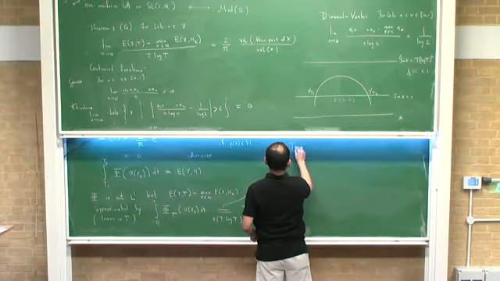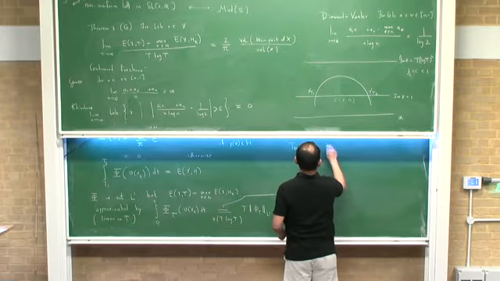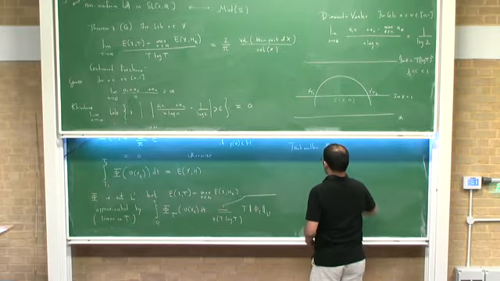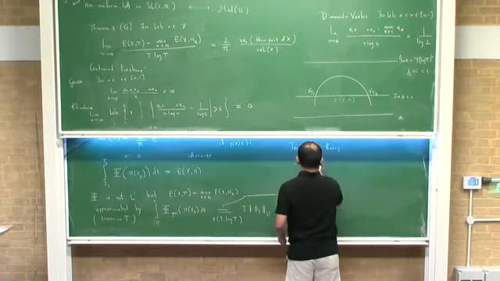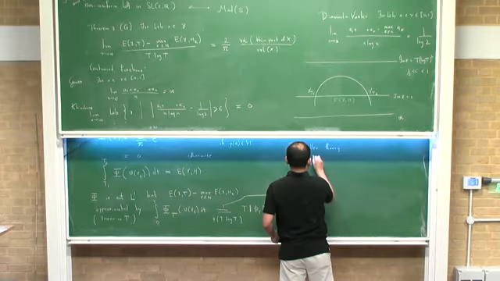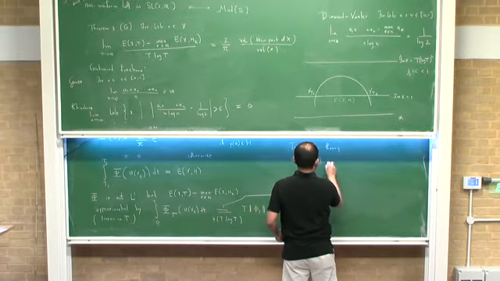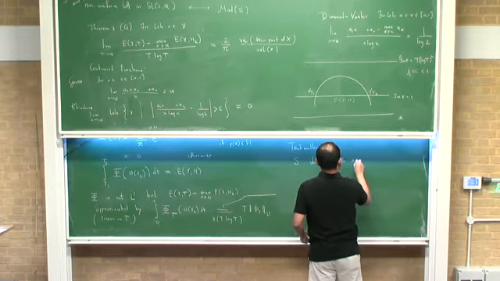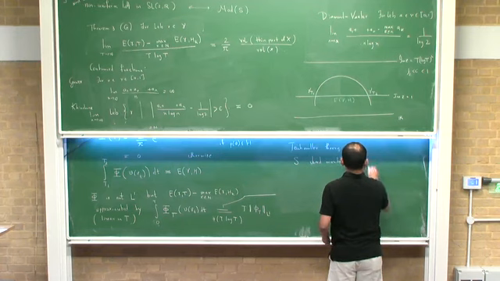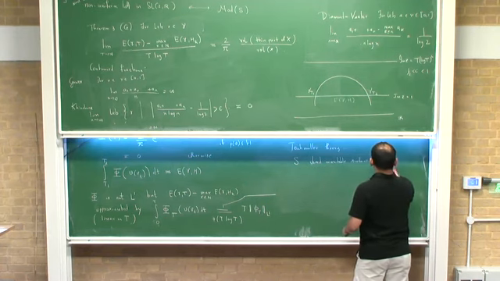Okay, so Teichmüller theory. S is going to be a closed orientable surface, or one can take finite type surfaces as well.